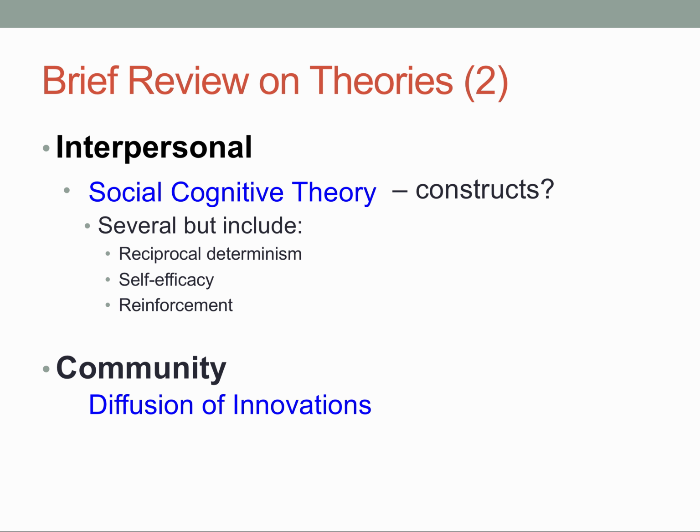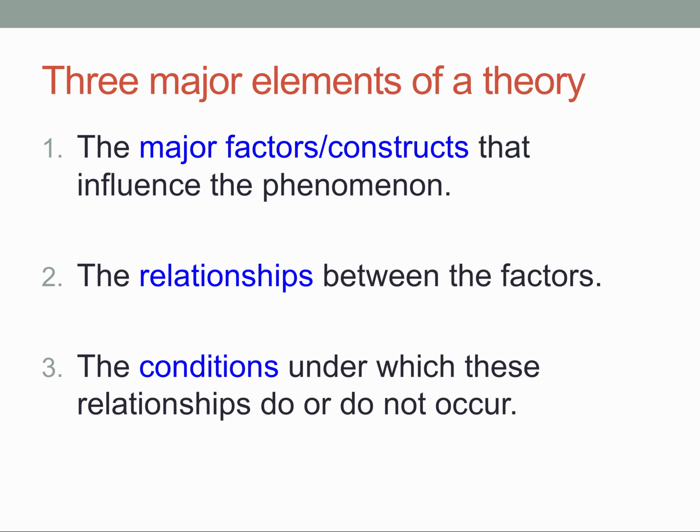This was just a quick review of some of the theories that you might be familiar with from learning over time. But when you think about a theory, there are really three major elements of a theory. The first one is the major factors or constructs that influence that phenomenon. As we've just reviewed, different types of constructs help explain a behavior, some outcome, some phenomenon.